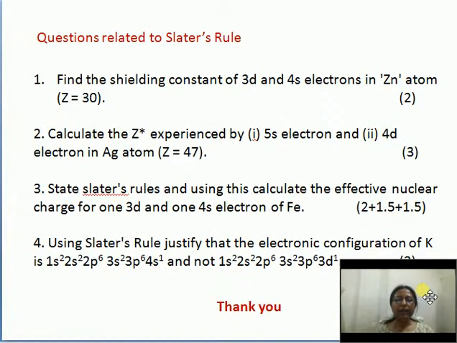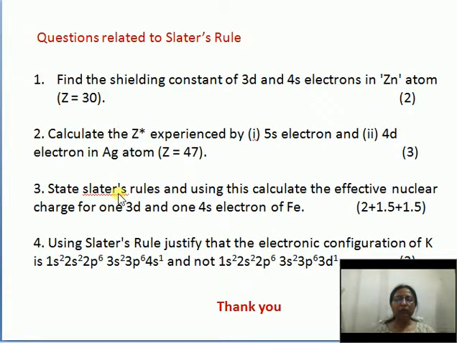Other than these, there could be several questions using Slater's rule. Find the shielding constant of 3d and 4s electron in zinc atom. This could be any atom. Then calculate the Z star experienced by 5s electron and 4d electron in silver atom, where Z is equal to 47.